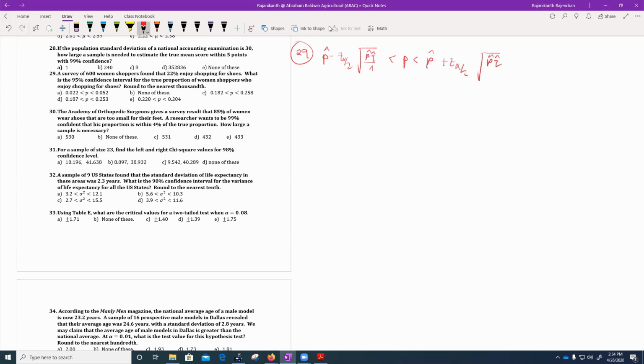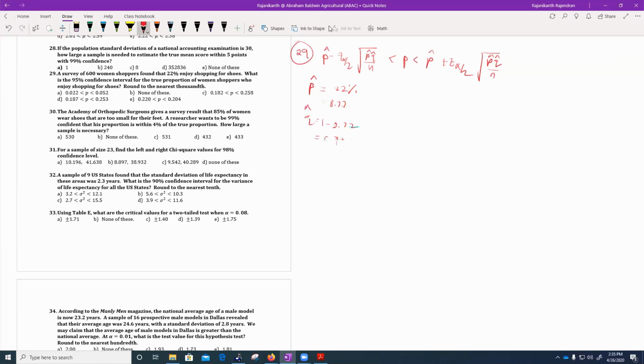Now you need to figure out p hat. They say that 22% of women enjoy this, therefore p hat is 0.22. Then q hat is 1 minus 0.22, so that is 0.78, right?